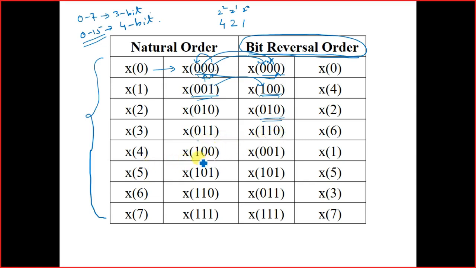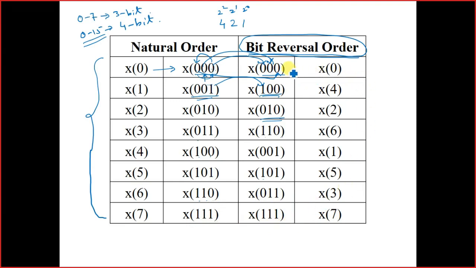Then for 4, 100 becomes 001. Then x5, 101 becomes 101. Then for x6 we get 110, and it gets converted to 011. Similarly, in the last one, 111 remains the same as 111.